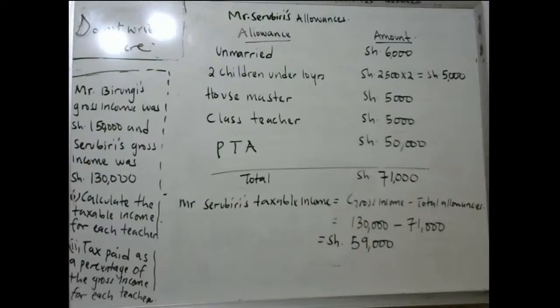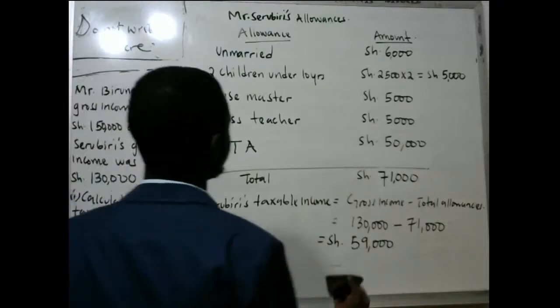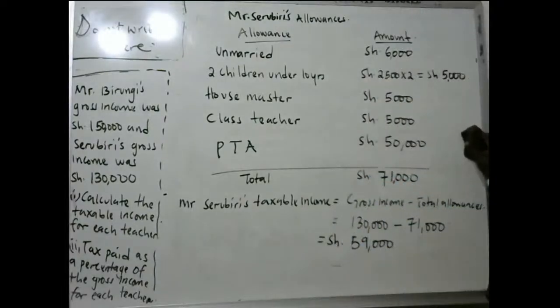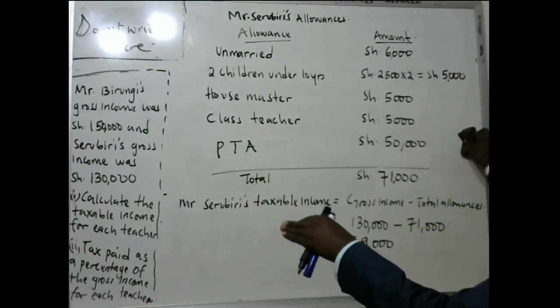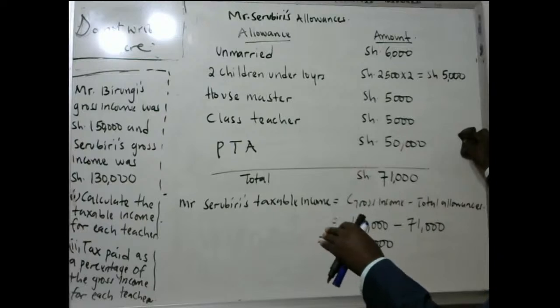So this is what we are supposed to do. We are now going to look for the income tax paid as a percentage of the gross income.